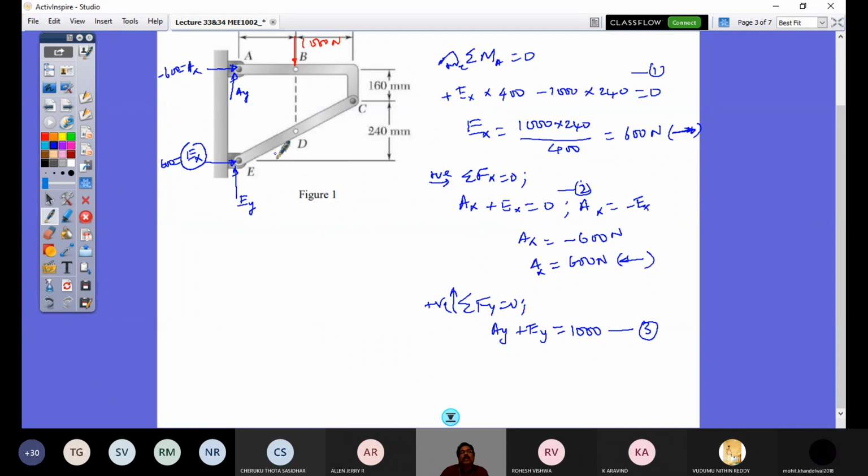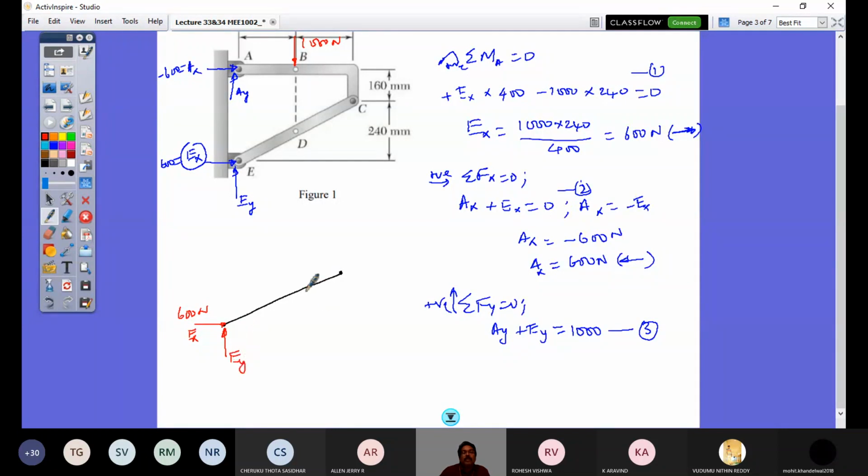So for that, I would have to take one of these members out of these two and draw its free body diagram. So what is that member I would consider? I would consider wisely a two-force member instead of a multi-force member, because this member EDC, free body diagram, I have now in this Ex known, which is 600 Newton, and Ey is an unknown.